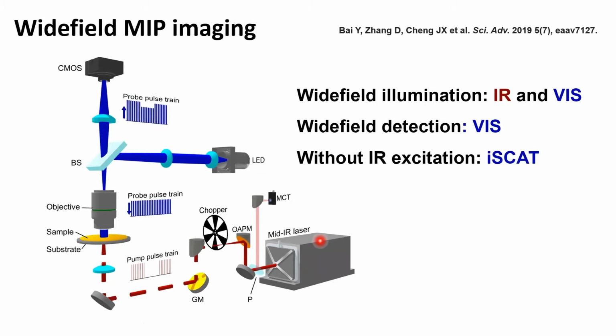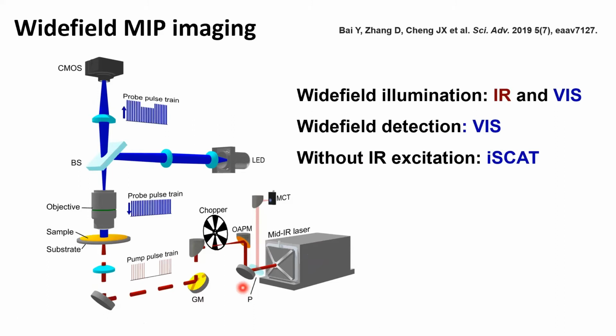But with the optical method, we can overcome this difficulty through wide field illumination, both IR and visible. And we can do visible detection through a simple CMOS camera. If you ignore the IR part, this is a typical iSCAT microscope. But with IR excitation, we can add chemical information to this scattering microscopy.